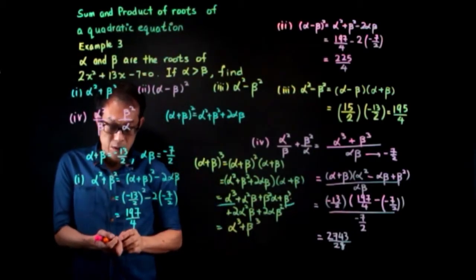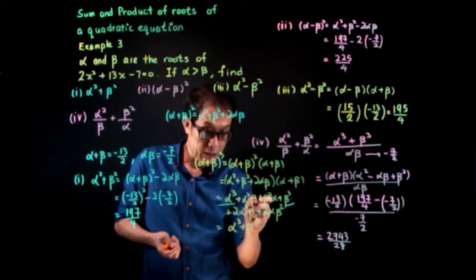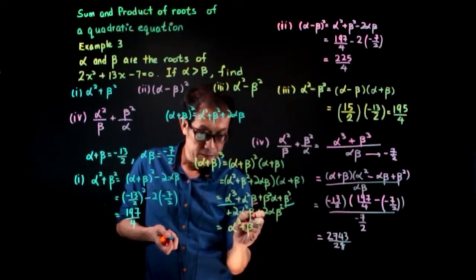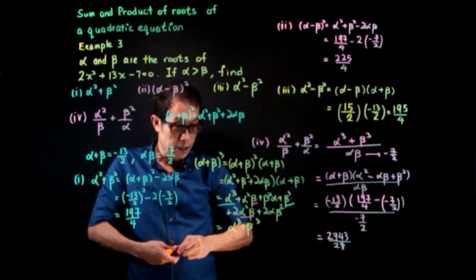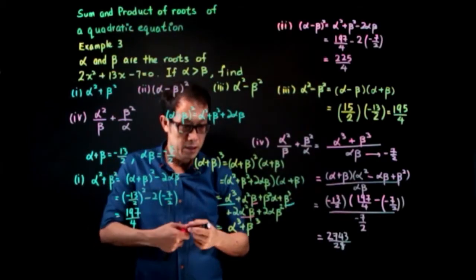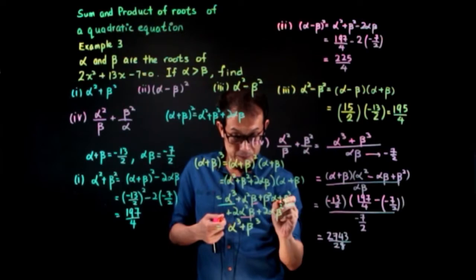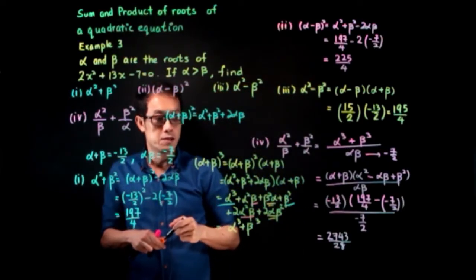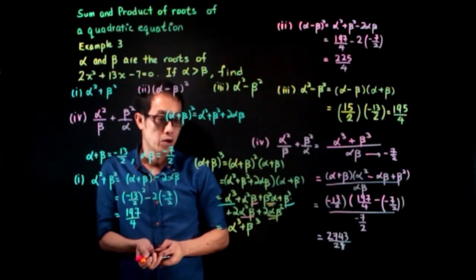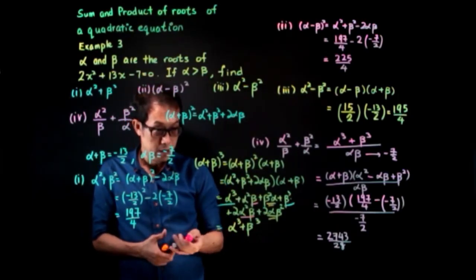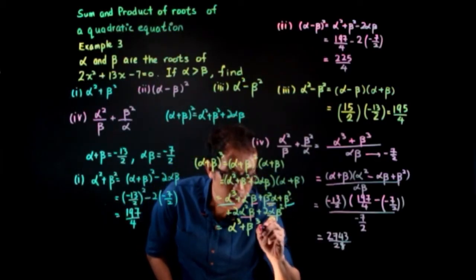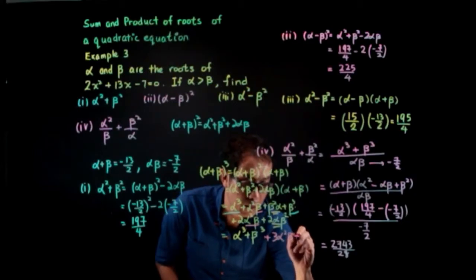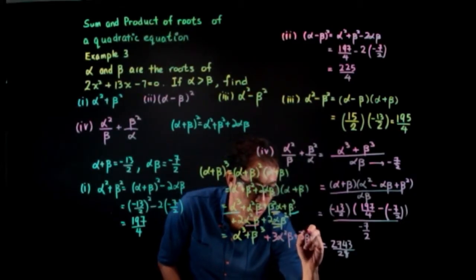Now, you look at it properly, there are two like terms here, I mean, these two are like terms, and these two are like terms. So we add all the like terms together. So you have plus 3 alpha squared beta plus 3 beta squared alpha.